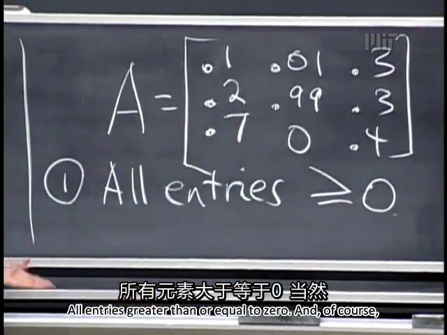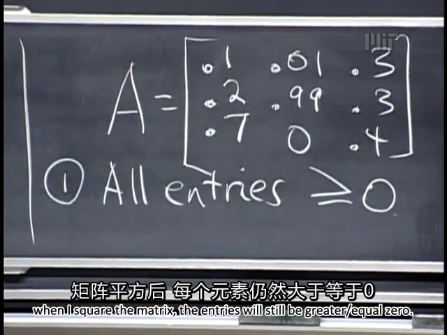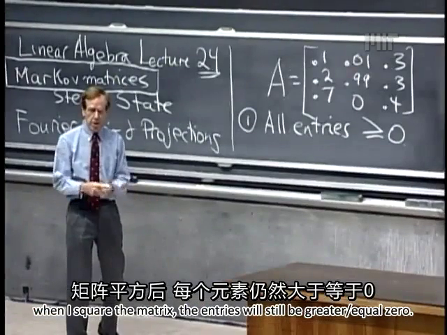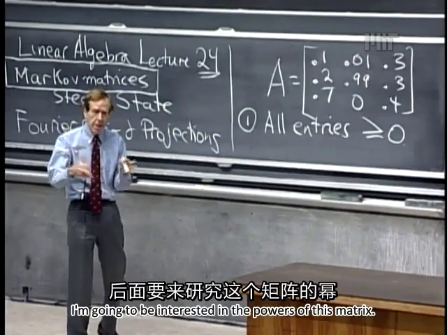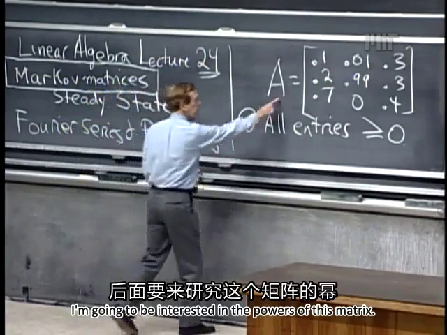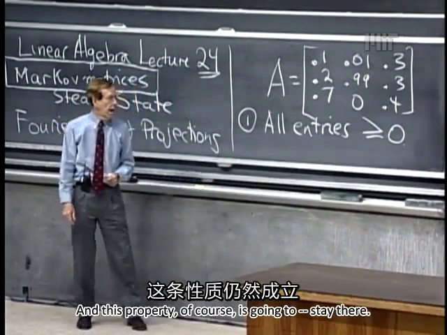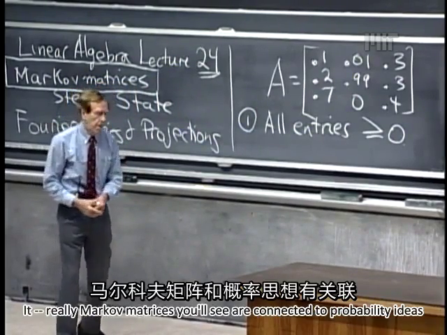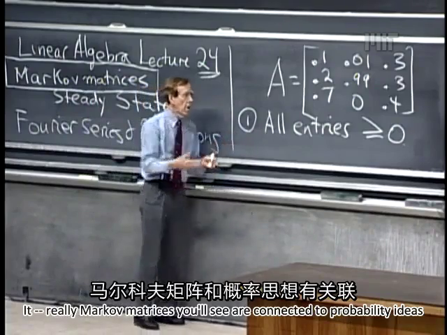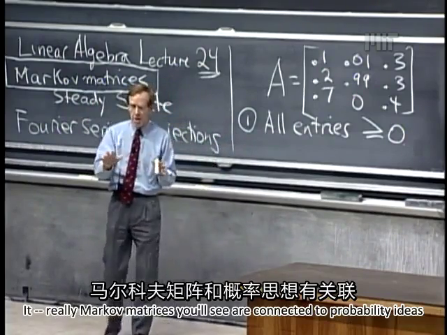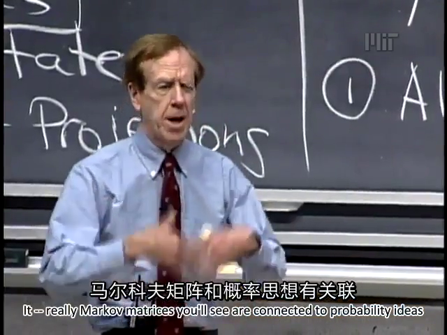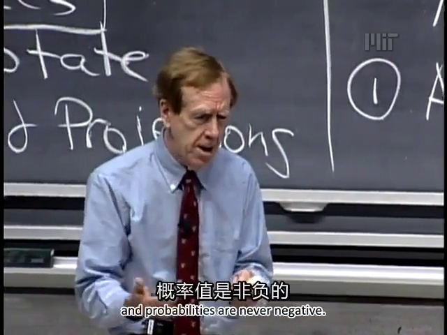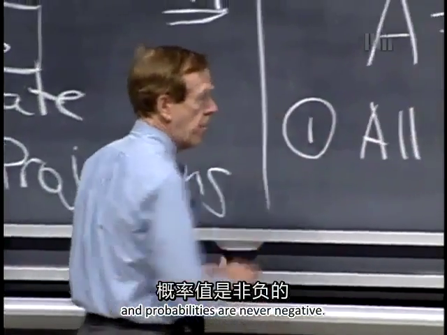And of course, when I square the matrix, the entries will still be greater than or equal to 0. I'm going to be interested in the powers of this matrix, and this property is going to stay there. Really, Markov matrices, you'll see, are connected to probability ideas, and probabilities are never negative.